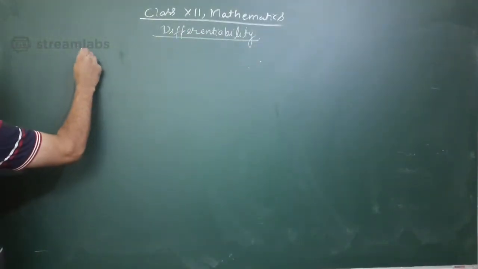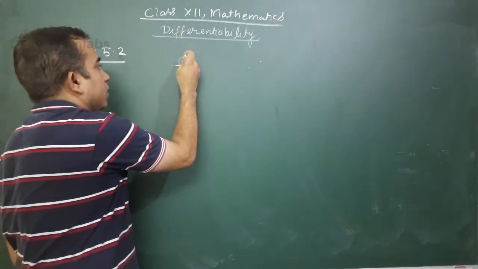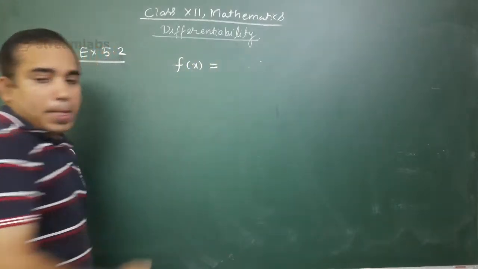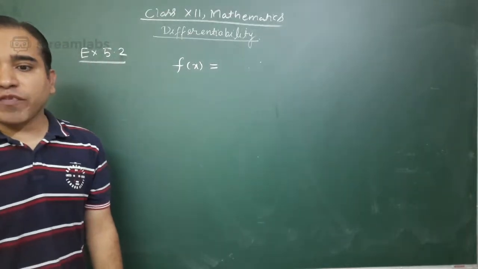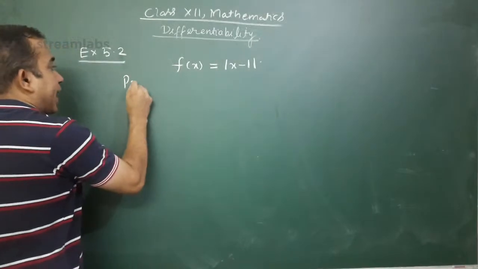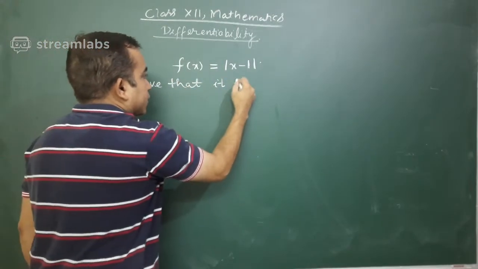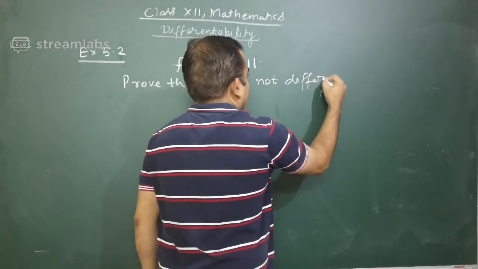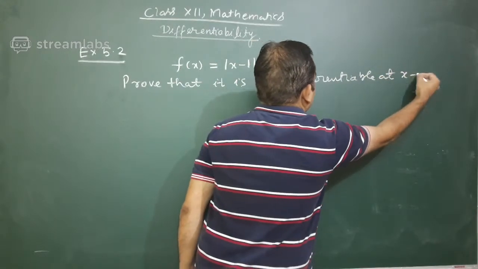In exercise 5.2, they have given you a function f(x) equal to modulus of x minus 1, and you have to prove that it is not differentiable at x equal to 1.